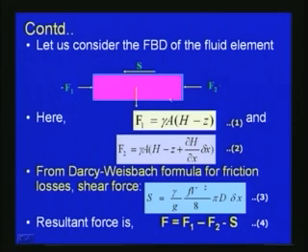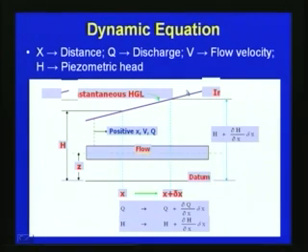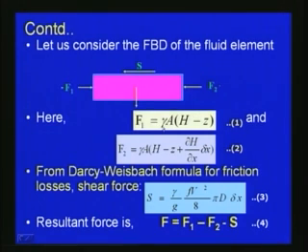F1 can be written as F1 is equal to gamma A into H minus Z, as in equation number 1, and F2 we can write as gamma A into H minus Z plus del H by del X into delta X, as in equation number 2. As far as shear force is considered, we can use the Darcy-Weisbach formula, as we have seen earlier.